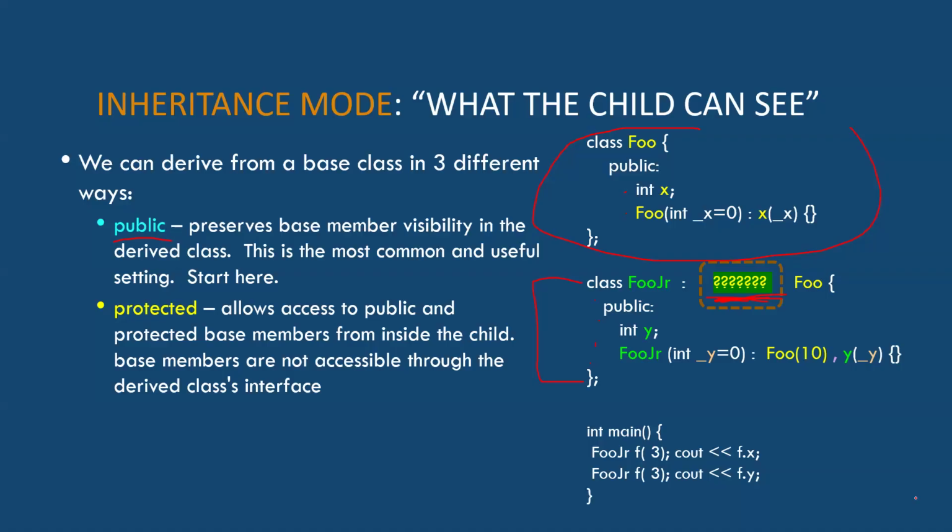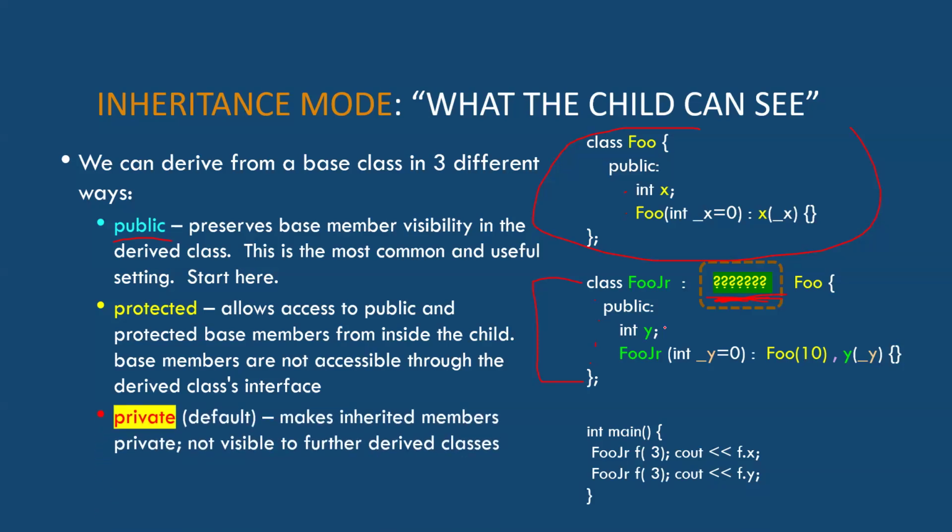So that means they can't be passed on to anyone else. We've stopped the chain of inheritance below us, okay? Which is kind of weird, okay? So that's the hard one to describe. And then private just shuts off all access. This makes inherited members private, and it's, of course, not visible outside of this class, okay?